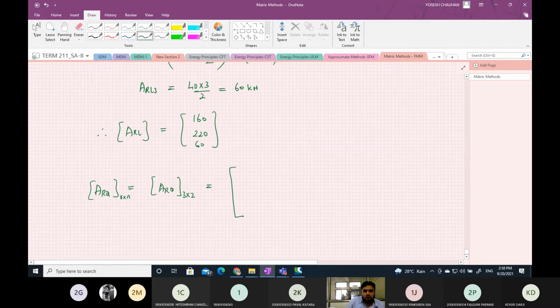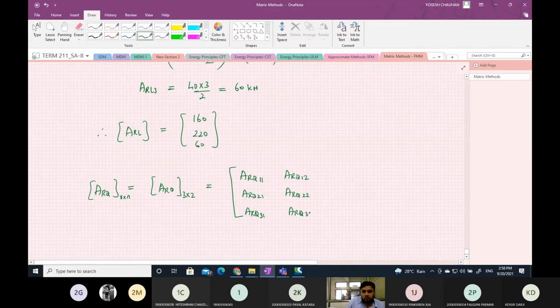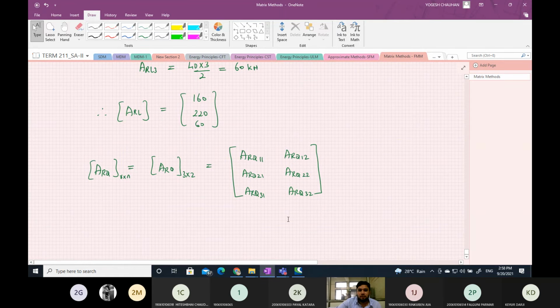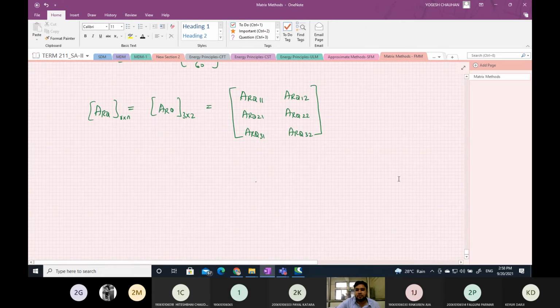Okay, so it will be ARQ 1 1, ARQ 1 2, ARQ 2 1, ARQ 2 2, ARQ 3 1, ARQ 3 2. Okay, now to find these, we have to find the reactions in the unit load diagram. That means this.